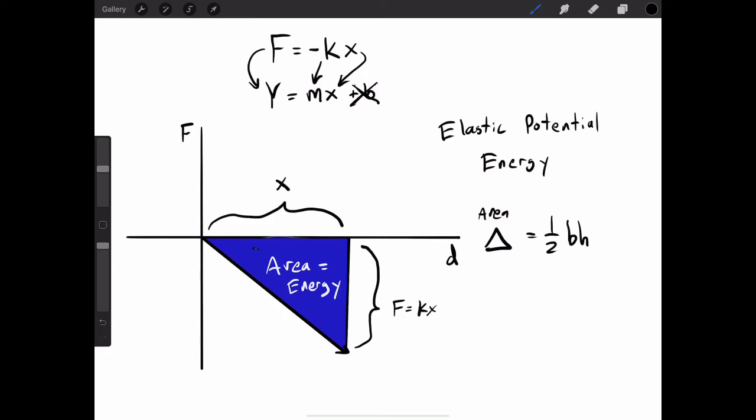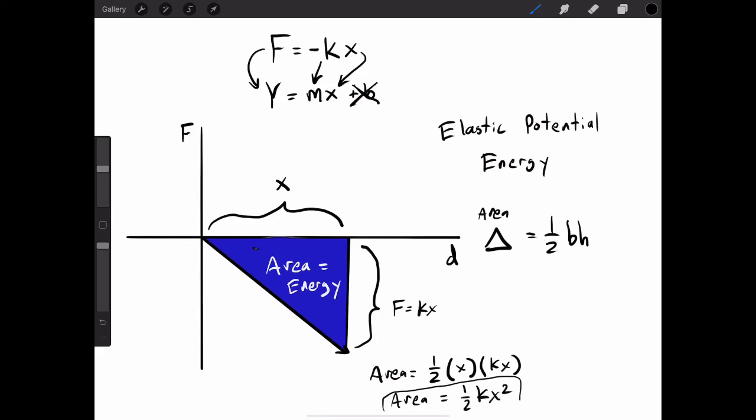So if we do the area, that's equal to 1/2 times the base, which we said was x, times the height, which is going to be kx. That leaves us with an equation of area equals 1/2 kx squared.